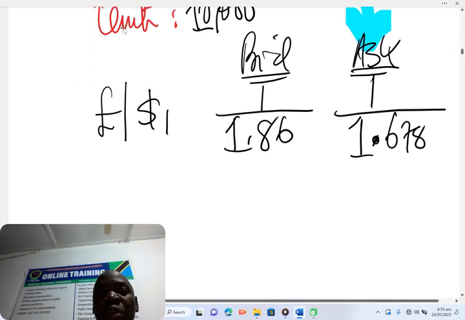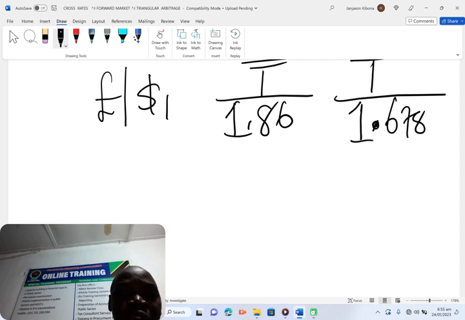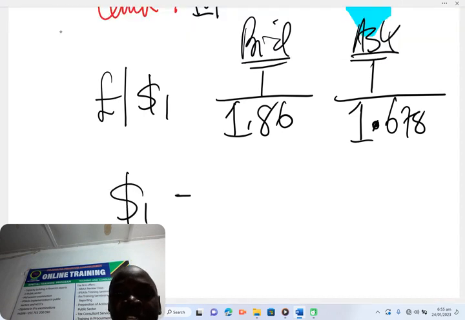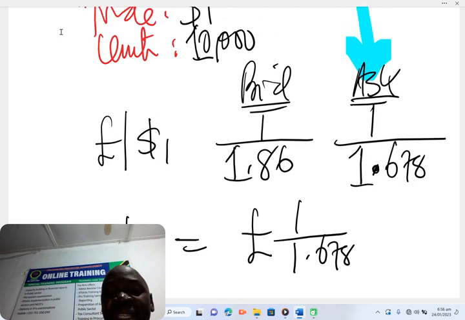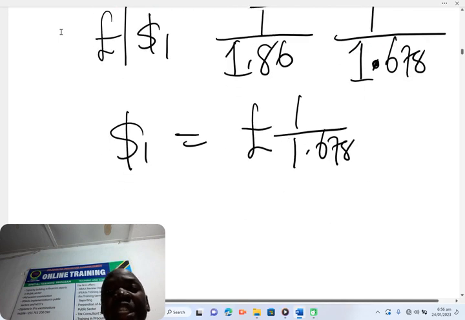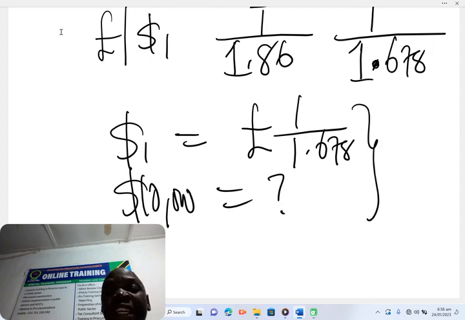So we are now going to our relation. So $1 is equivalent to pound 1 over 1.678. Now, how many units? 10,000 units of dollar. Isn't it? How much is for the pound?